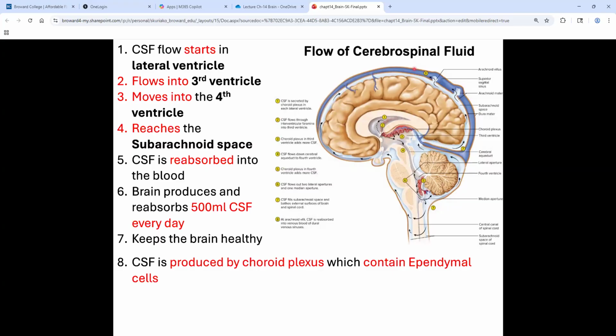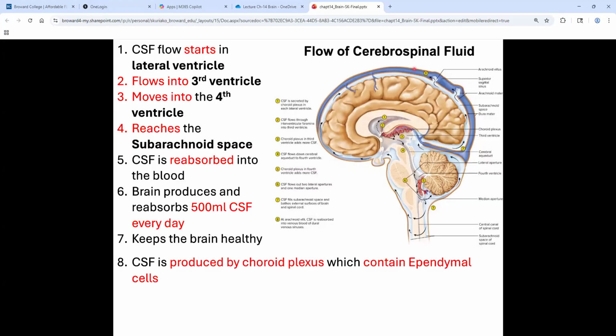What happens if there's a block and it's not reabsorbed? You can get a hydrocephalus. Have you seen a picture of children with huge heads? Yeah, that's called hydrocephalus. And that's when the CSF is blocked for some reason. There's a blockage.